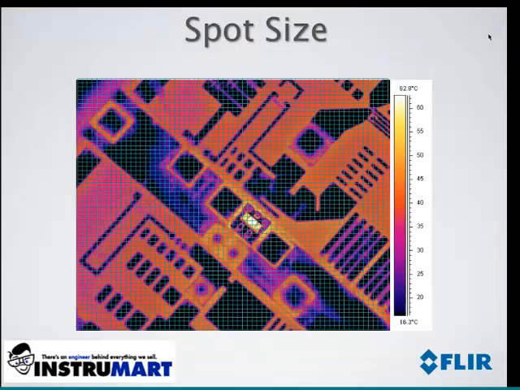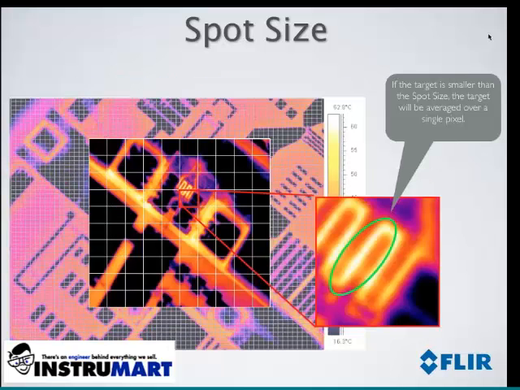So let's discuss this in more detail. Let's discuss what it means to determine the spot size. I have an example here of a printed circuit board, and I've overlaid on top of that image a grid work that represents the individual pixels. Let's say that my target of interest is one of these very small leads. I want to measure the temperature of one of these small leads.